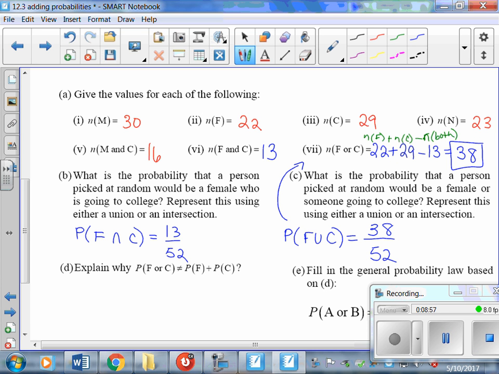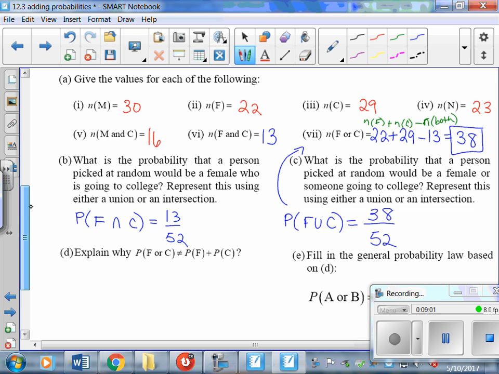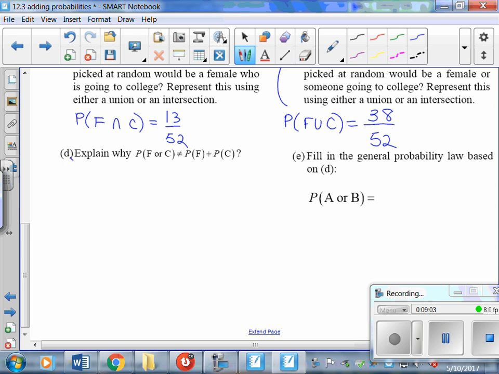So D says explain why that's not true that we talked about. Now here we have to use some words if it's using the word explain. So here I want you to take a moment and explain that when you talk about the number here or the probability here, it can't equal this probability because once again you need to subtract out the probability of both. You need to subtract the probability of both occurring.